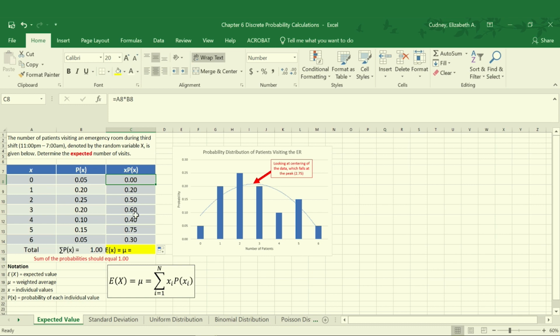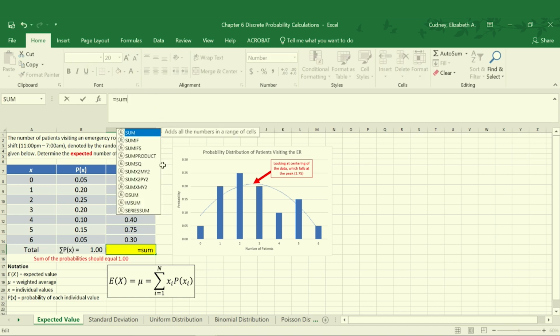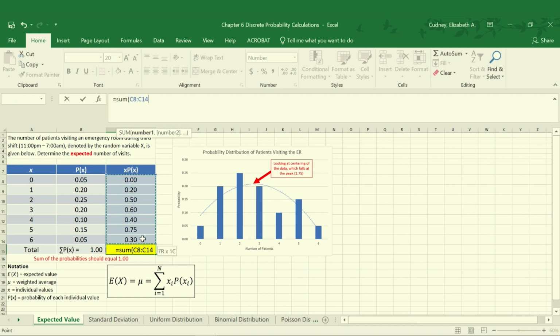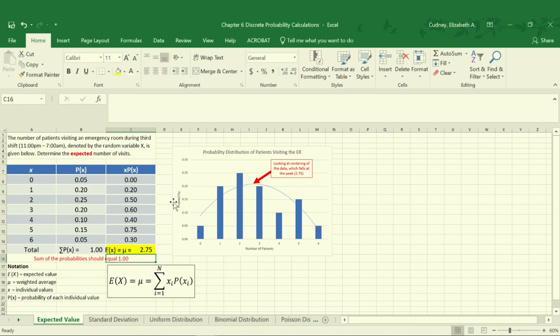And then we're going to sum all of those to get our average or our expected value. So to do that, it's going to be equal to the sum of cells C8 through C14. This tells us that on average, we expect to have 2.75 patients visit the ER on any given third shift.